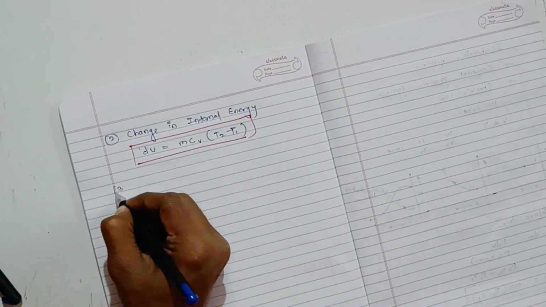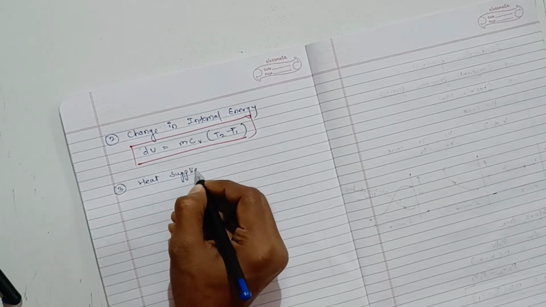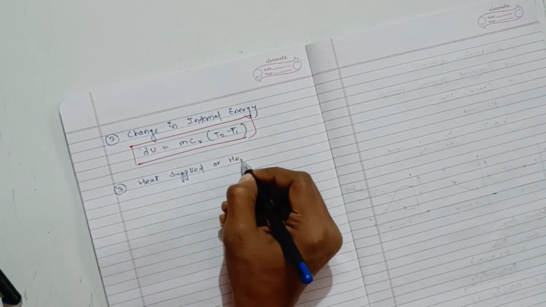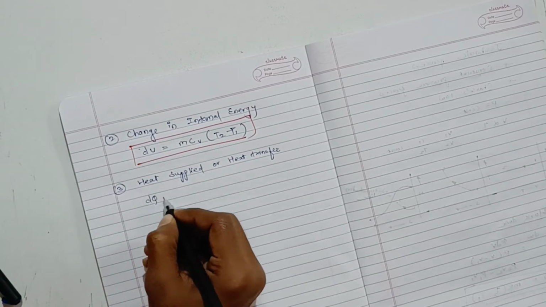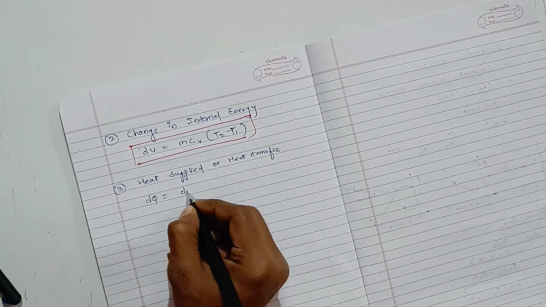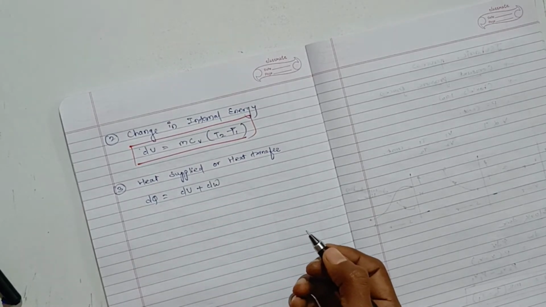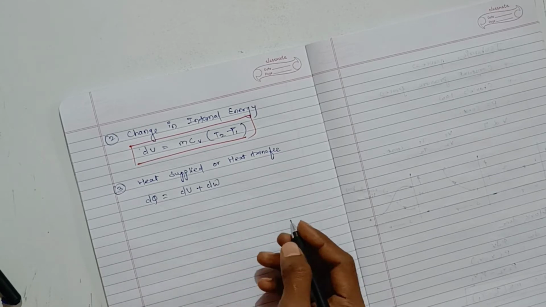Third one is heat supplied, or we can say heat transfer, that is dQ. According to the first law of thermodynamics, the formula for the change in heat is dU plus dW.